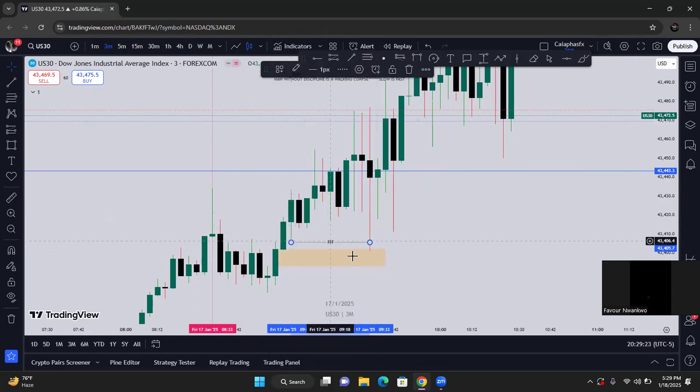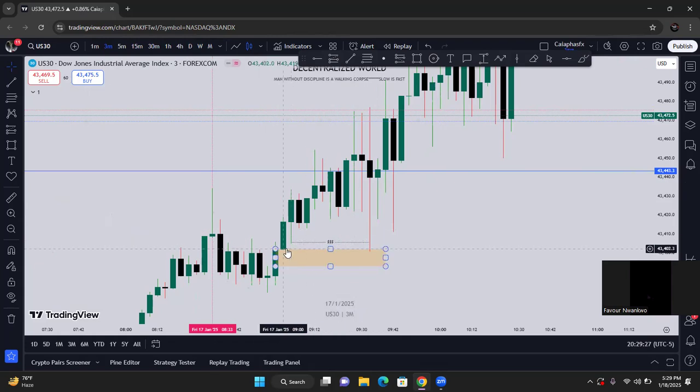Then you can take your entry here, sha. But at times, the reason why I don't like taking entry like this is that it's very close. I like taking my entry at the 50% of the fair value gap, right?